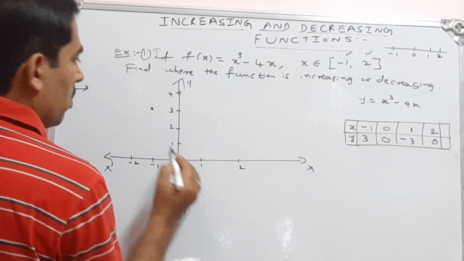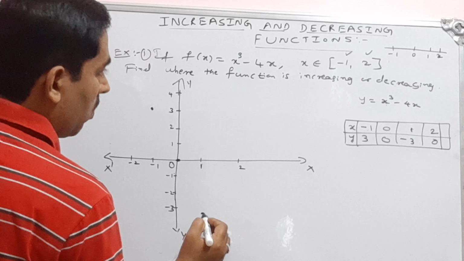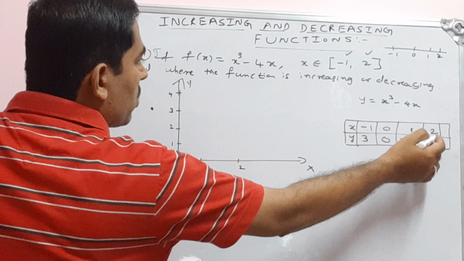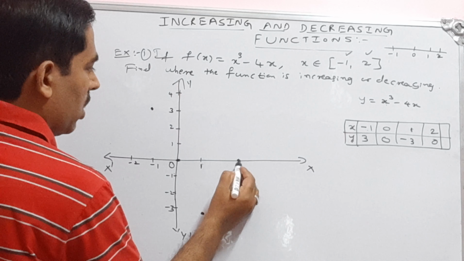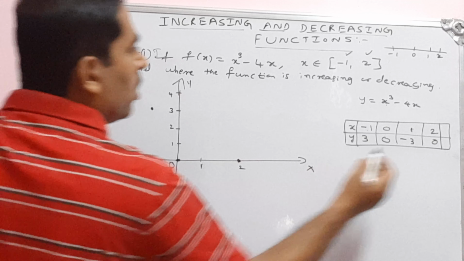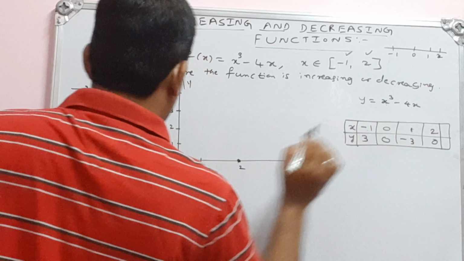Then 1, minus 3. Where is this point? Minus 3 means I will get here. Minus 1, minus 2, minus 3 is here. So another point lies here, 1, minus 3. Then 2, 0 lies on the x-axis.